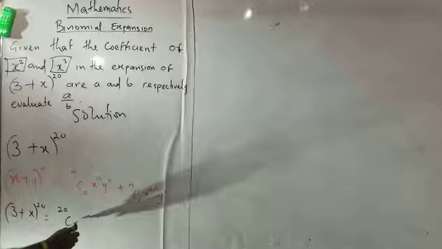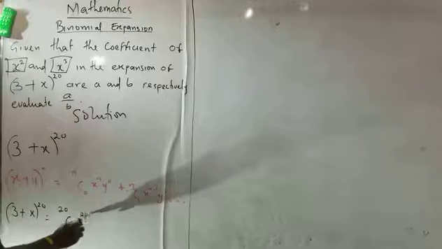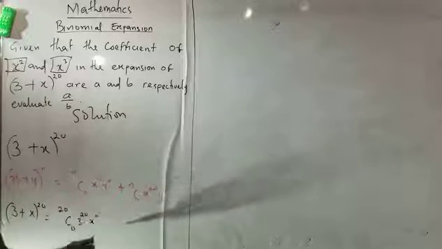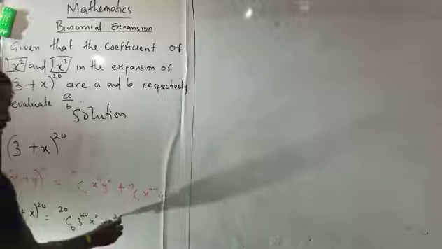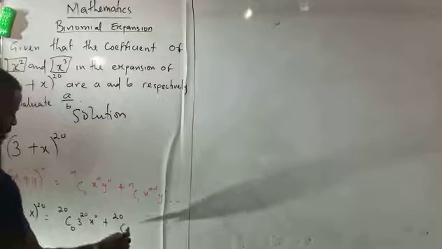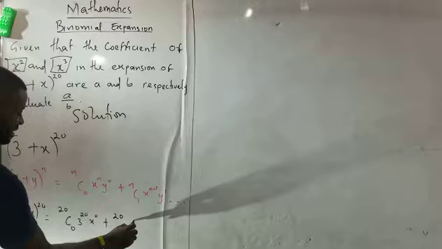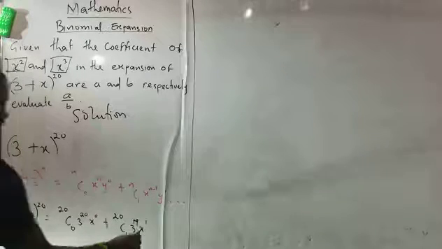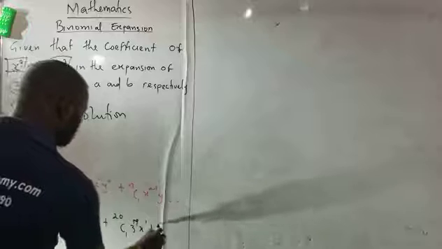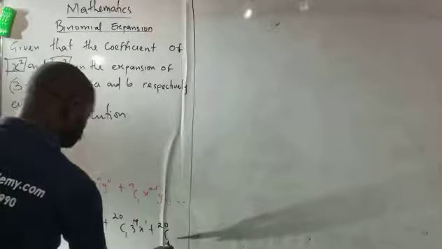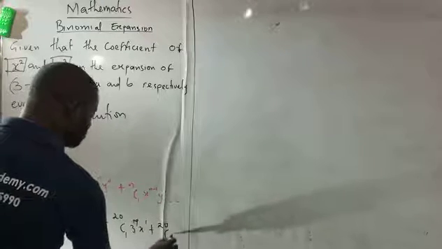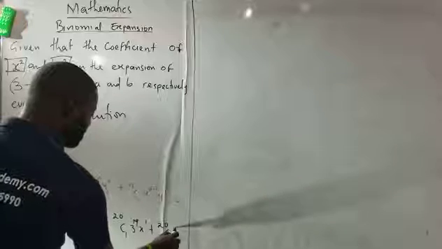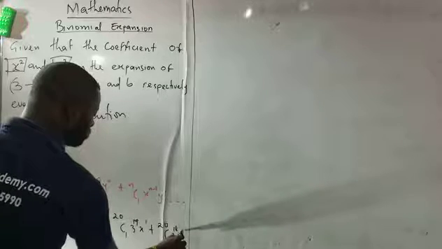20 select 0. I'll be having 3 raised to power 20 and x raised to power 0, plus 20 select 1, 3 raised to power 19 and x raised to power 1, and plus 20 select 2, 3 raised to power 18 and x raised to power 2.